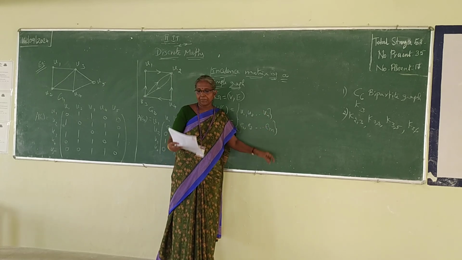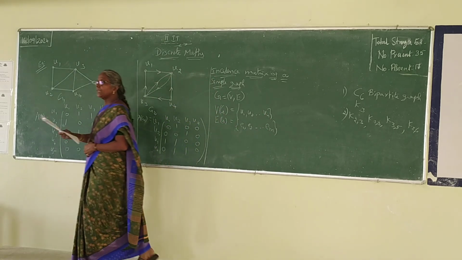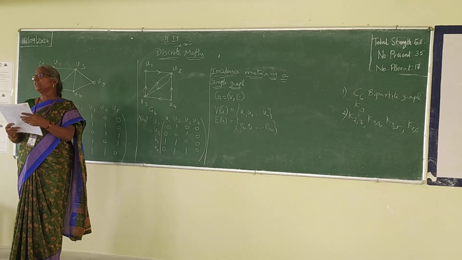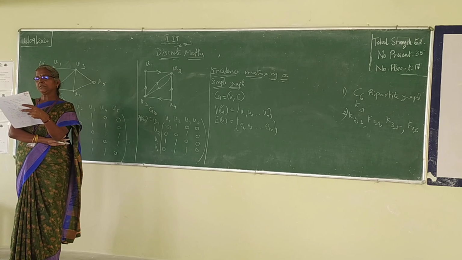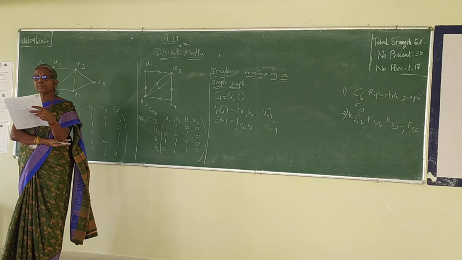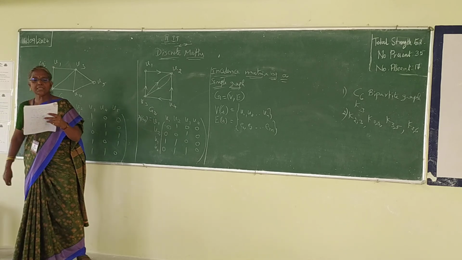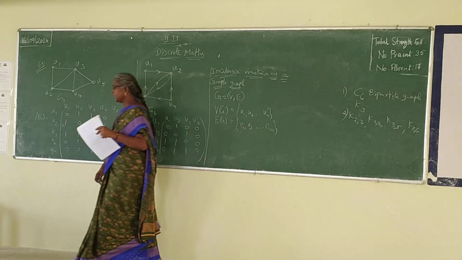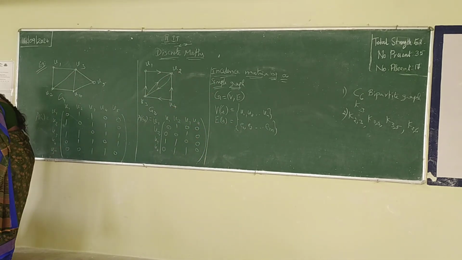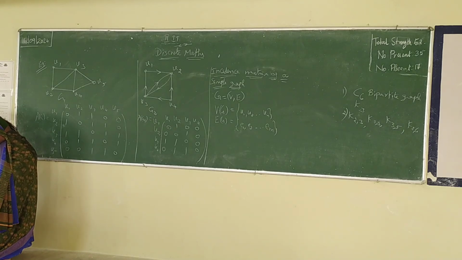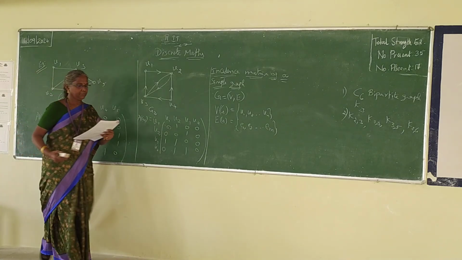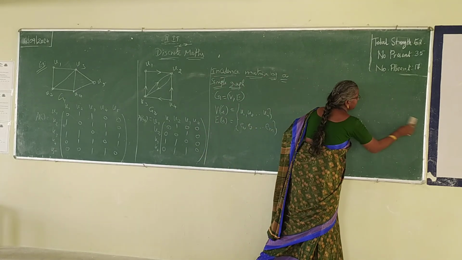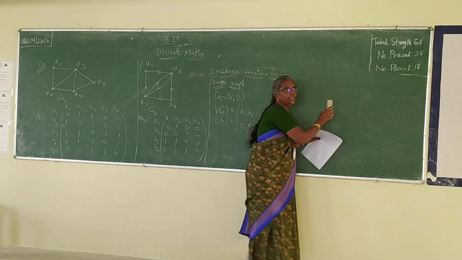V_n, E_m, where the vertices and edges are arbitrarily ordered. Arbitrarily ordered, O-R-D-E-R-E-D, ordered.